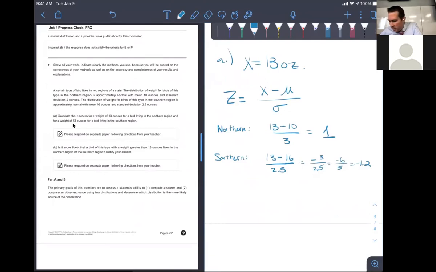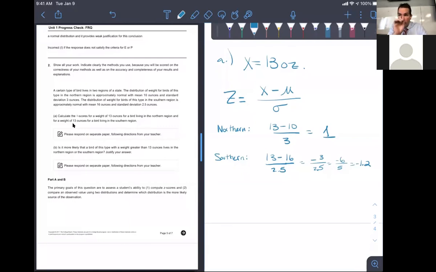So the next question, part B: is it more likely that a bird of this type with a weight greater than 13 ounces lives in the northern region or the southern region? Justify your answer. So if I know that this question is wanting me to utilize z-scores for the express purpose of saying what's more likely, then I better be able to type in that z-score.